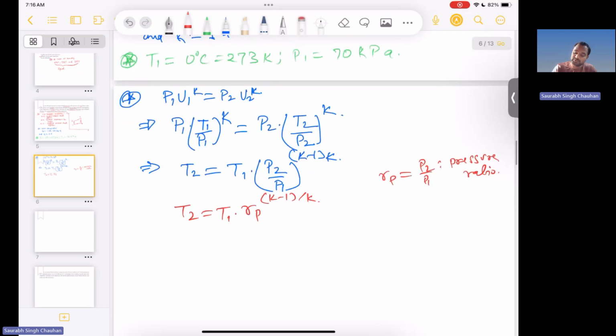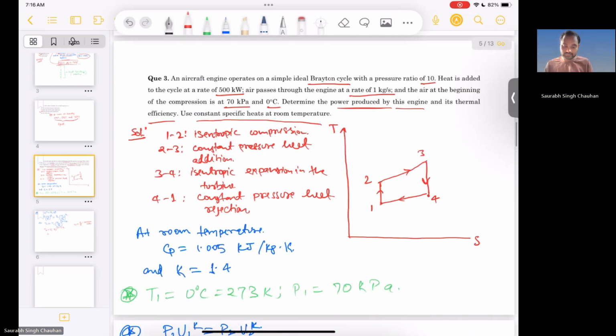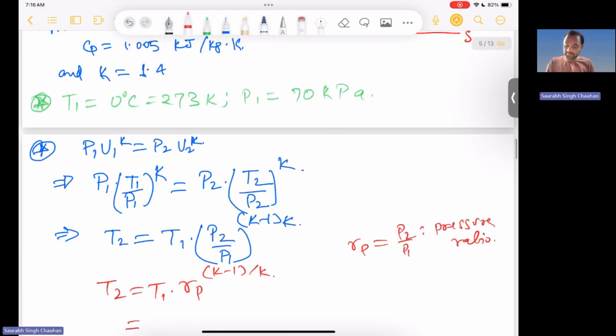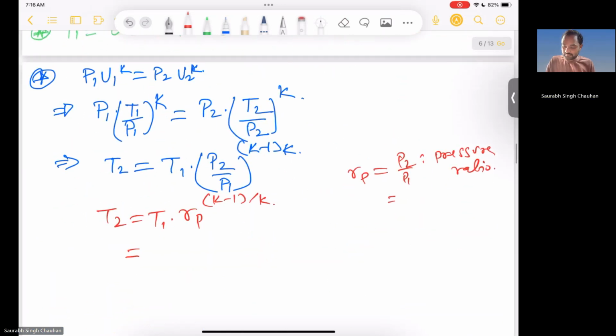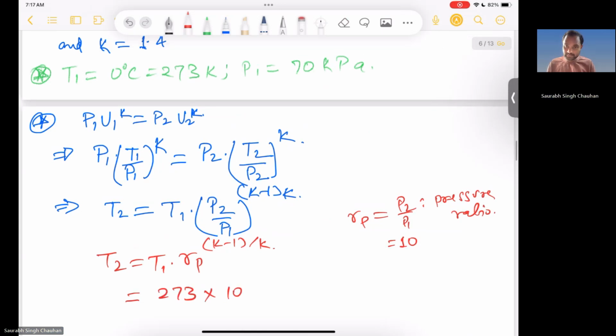So T1 we have, Rp also we have. What is Rp? Rp is given here as 10. T1 is also given. It is 273 Kelvin into 10 to the power (k minus 1), so it is 0.4 divided by k, which is 1.4.